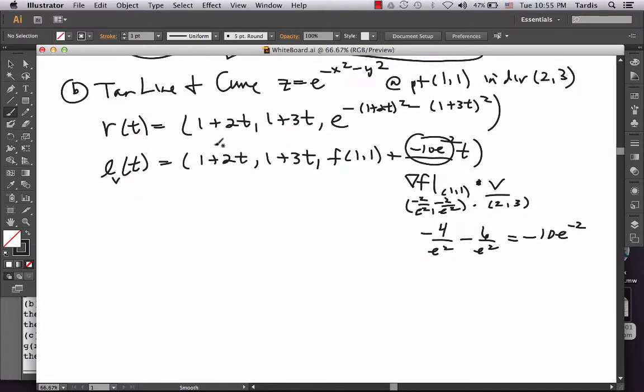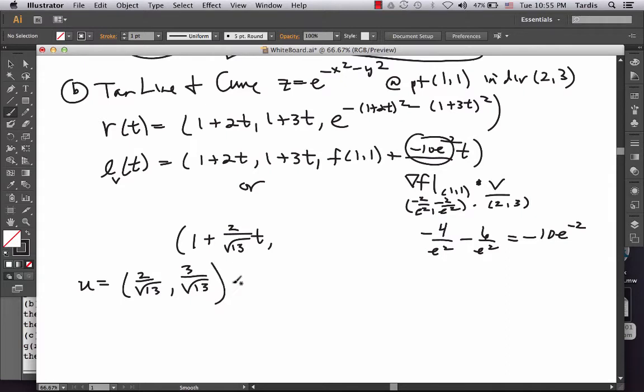Okay. That is one possibility, or you could write the following. You could write 1 plus 2 over the square root of 13 t, using the unit vector of the direction v. This would be 2 over square root of 13, 3 over square root of 13.